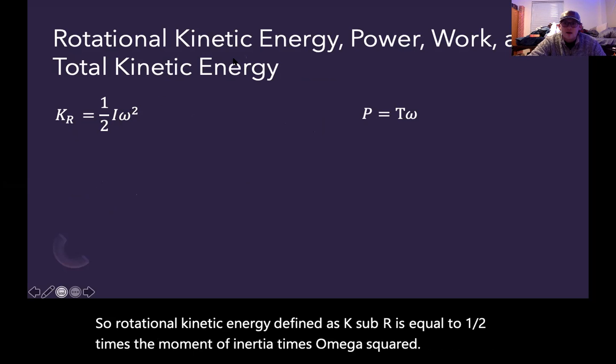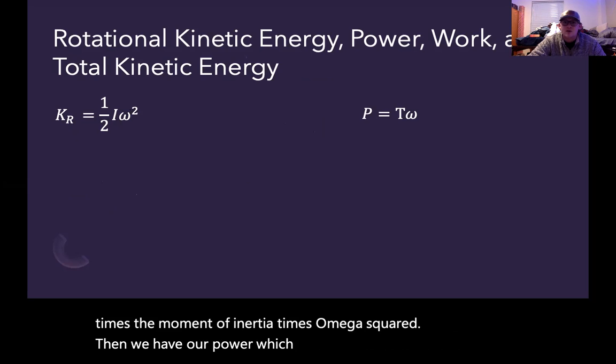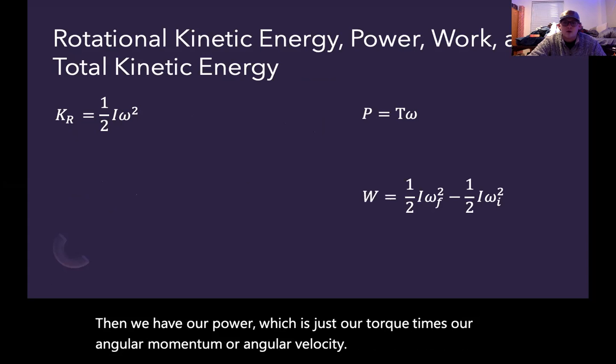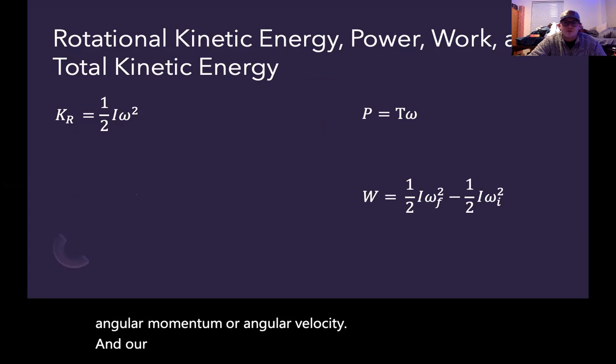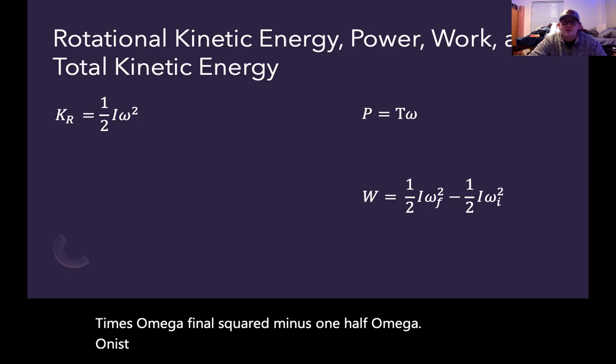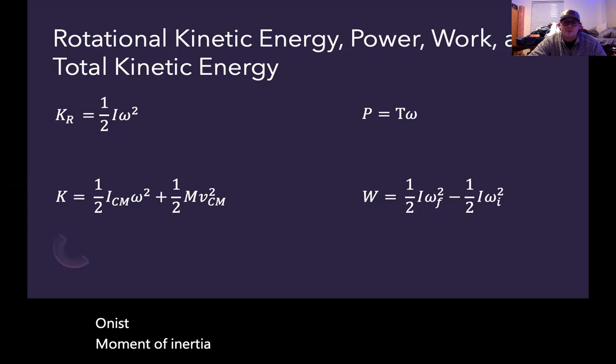Then we have our power, which is just our torque times our angular velocity. And our work is equal to 1/2 the moment of inertia times omega final squared minus 1/2 the moment of inertia times omega initial squared.